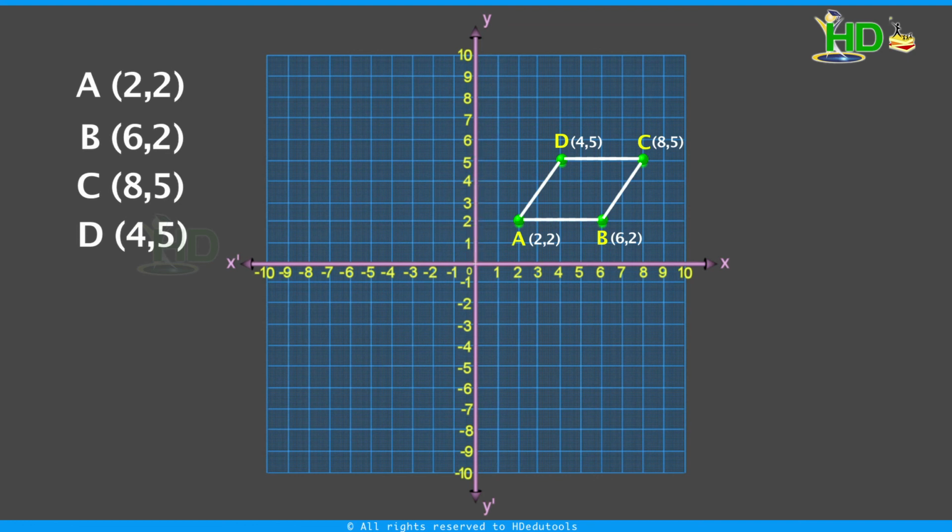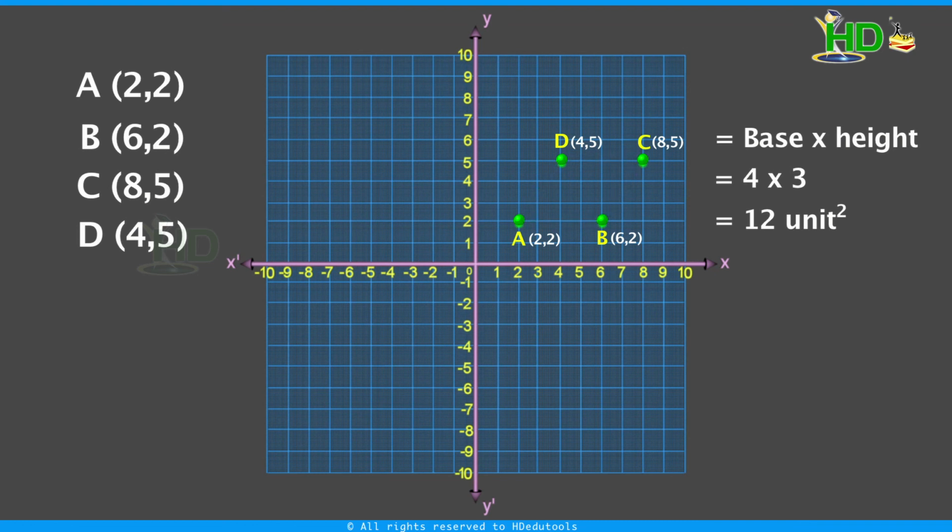We know the base as well as the height. Then what is the formula for the area of a parallelogram? Base into height. That is 4 into 3. This is equal to 12 square units. This is one method to find the area. Now in this graph paper, by counting these units, you can also find the area.